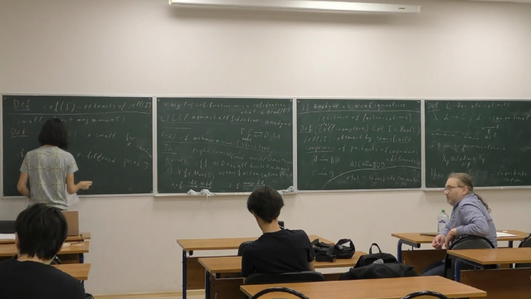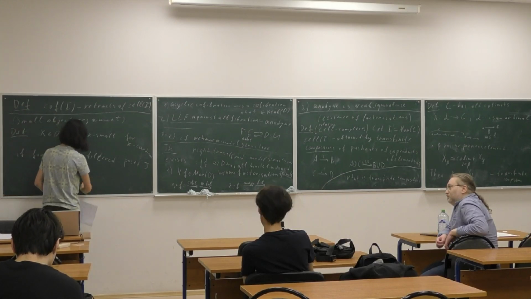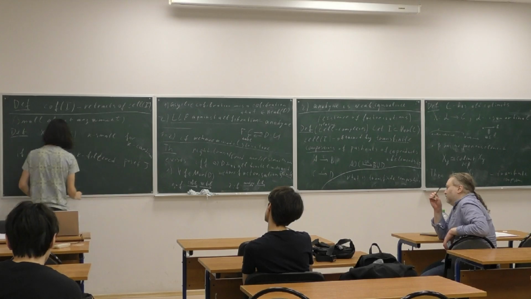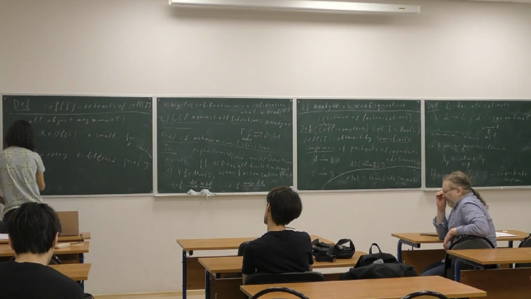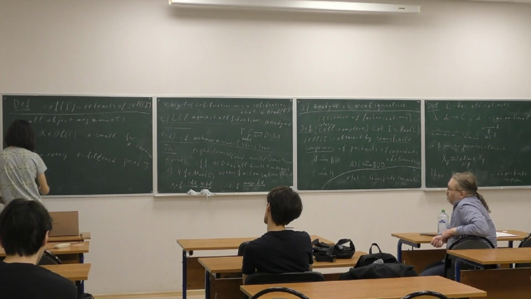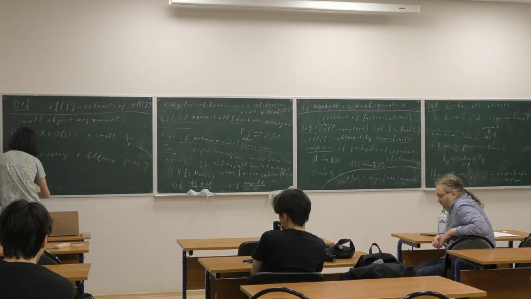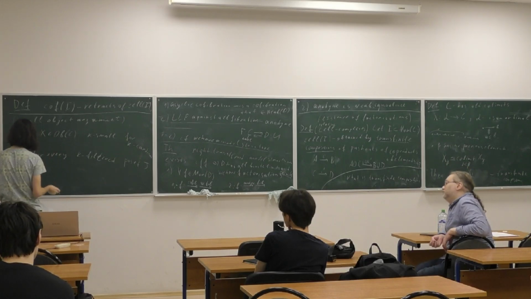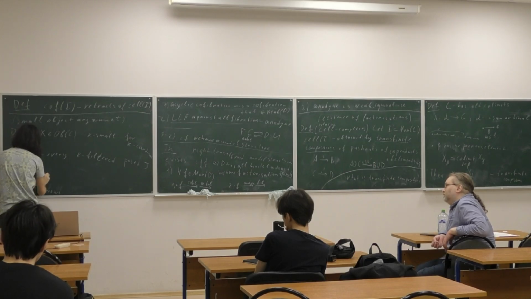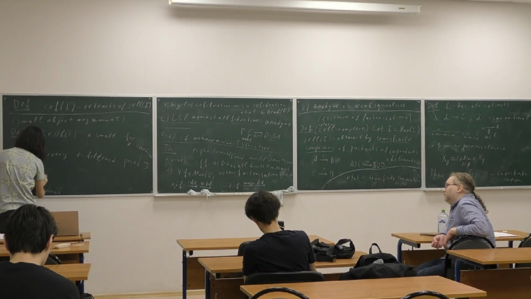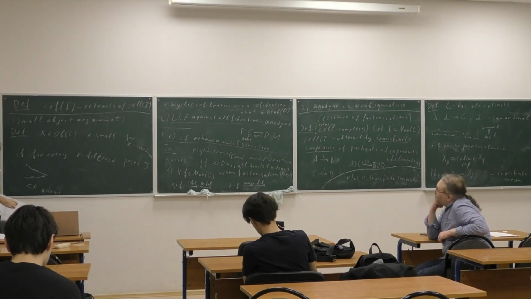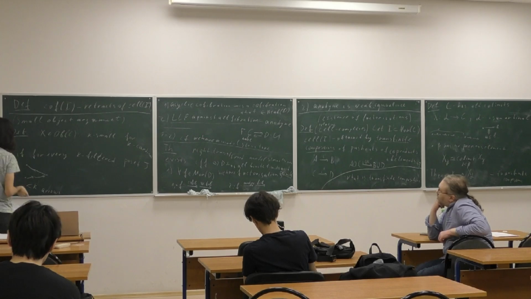kappa filtered means that if we have a subdiagram of J that has a number of arrows less than kappa, then it has a cocone, which means an element and arrows that give us a commutative diagram.